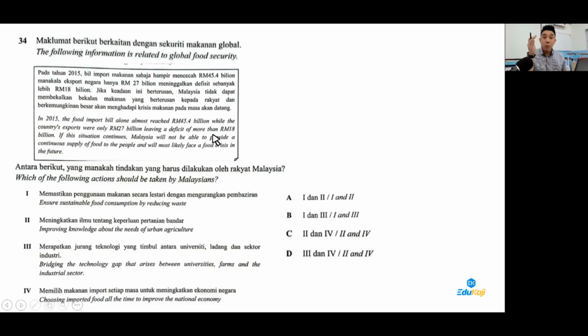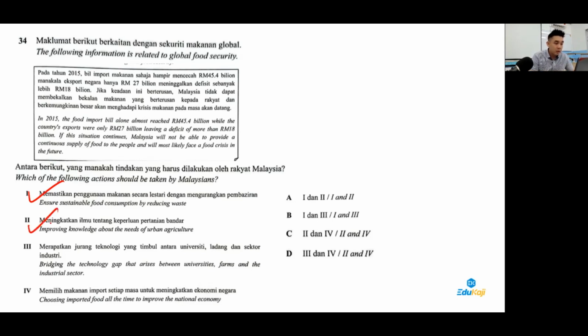There's a deficit means if you minus out, we are spending more than what we are earning, which is not healthy. So how to make sure we ensure more food security? You should, number one, ensure food consumption by reducing waste. Have to reduce waste.